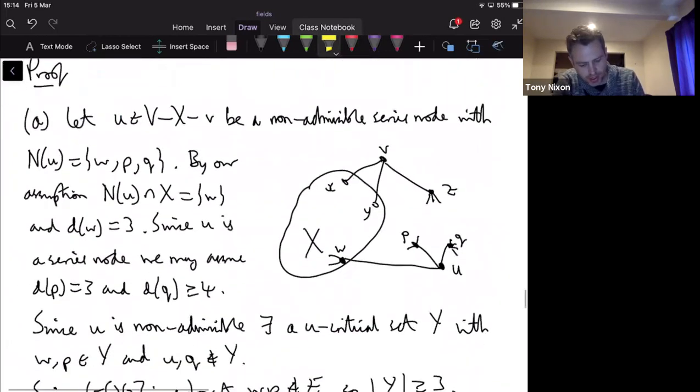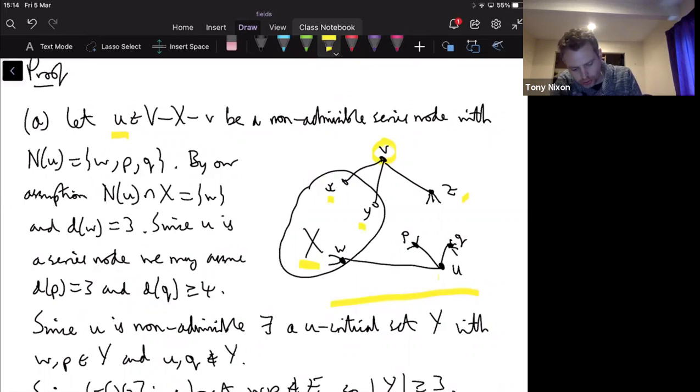So part A. Here's the picture on the right, but I take U in V minus X minus V. Remember, V is our non-admissible node we started with, and X is the critical set for the neighbors X and Y of V, and Z is the third neighbor with degree at least 4.